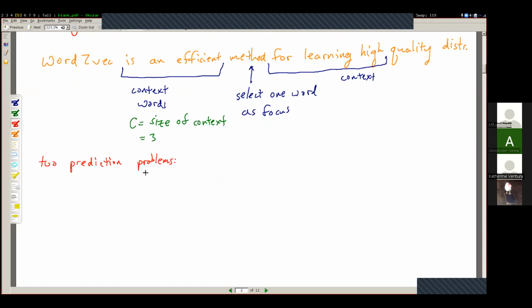One is that given the context words, predict the focus, and the other is given the focus word, predict the context words.